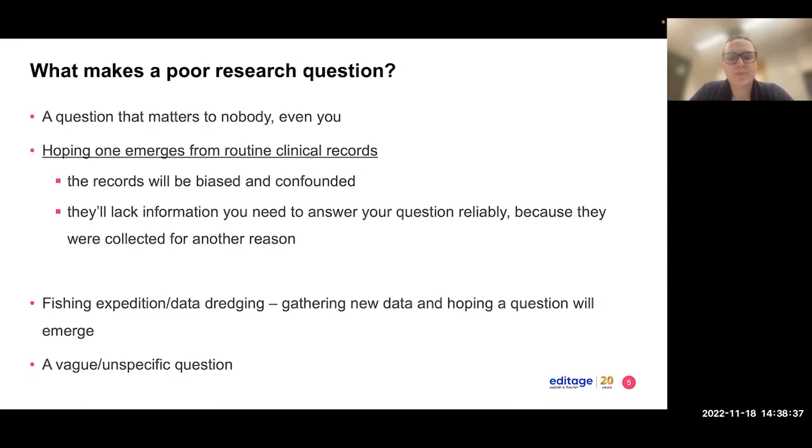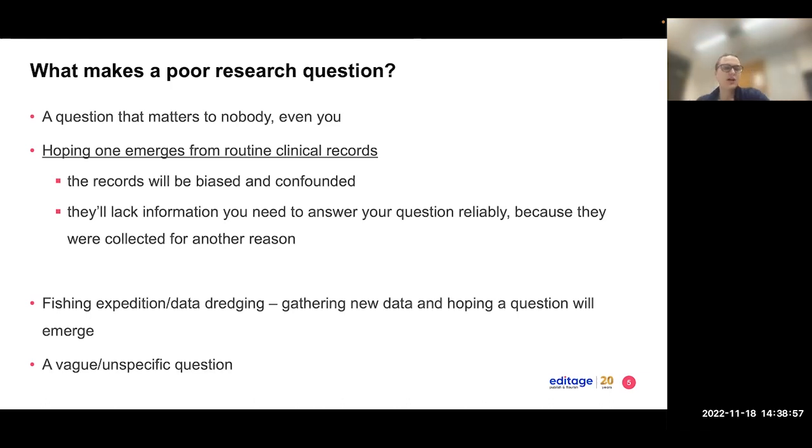So what you do with fishing expeditions is you usually put a big assay and you put bloods into that assay. And based on the bloods in that assay, you would then gather new data and hope a question would emerge from that.